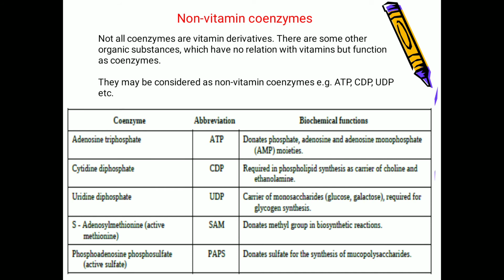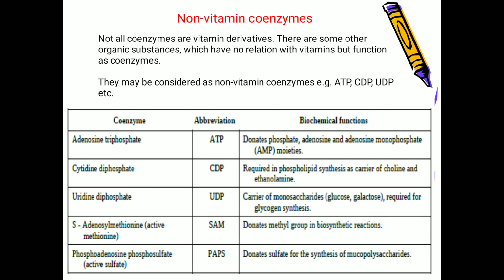And here in the table you can see ATP, adenosine triphosphate. The biochemical function of this coenzyme is that it donates the phosphate, adenosine and adenosine monophosphate, that is AMP moieties.